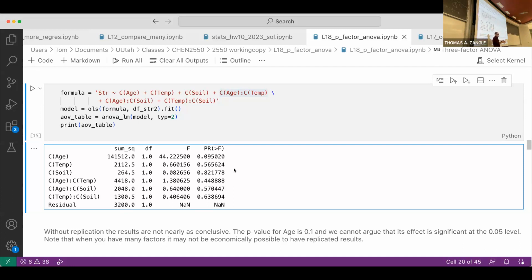In two-factor ANOVA, we said Kij was the number of replicates at condition ij. We had two different cases, one for Kij equal to 1, the other for Kij greater than 1. Here we have three factors, so it would be Kijk, and this is the case for Kijk equal to 1, so we only have one replicate per combination of factors.